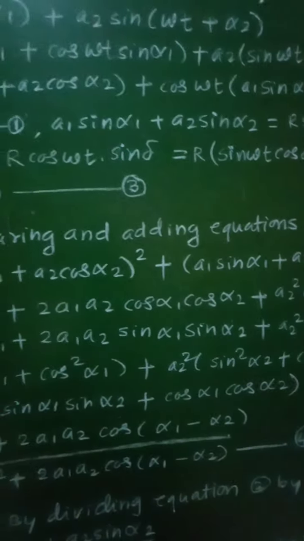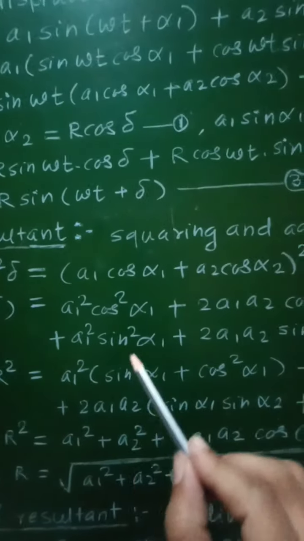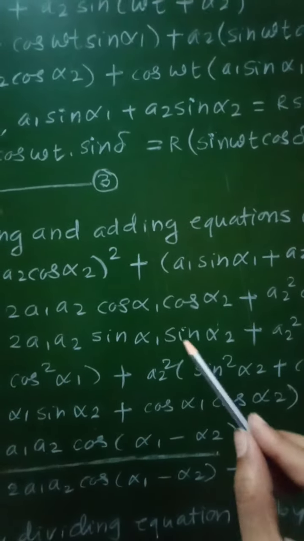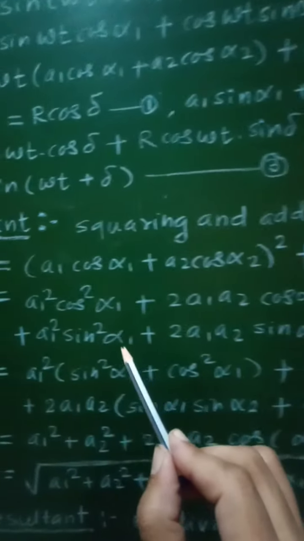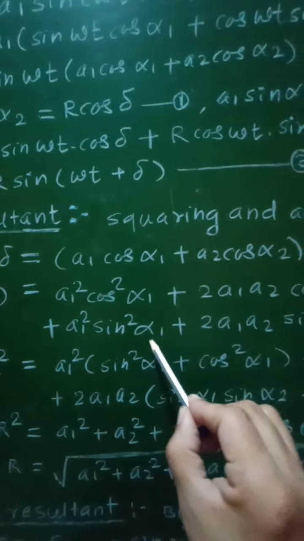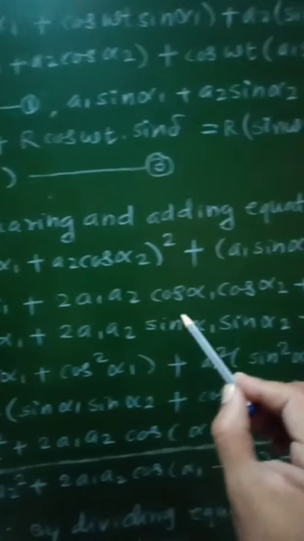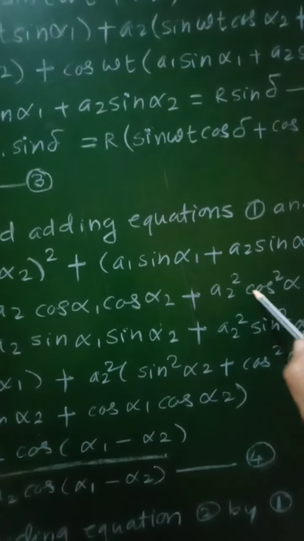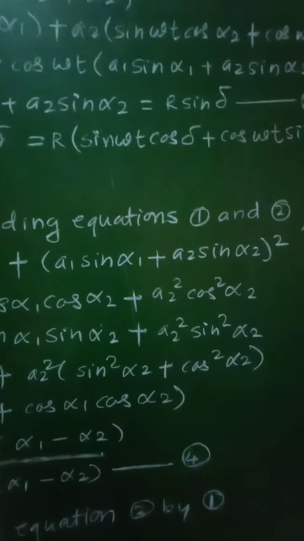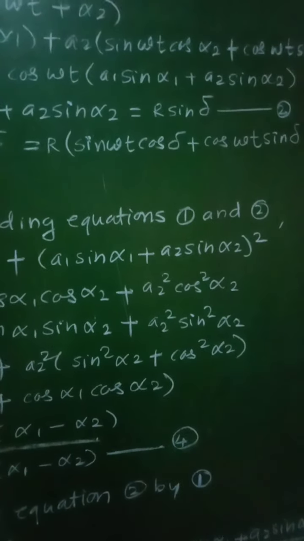Again, A1 square cos square alpha 1 and then again A1 square sin square alpha 1. These two terms will be taken together, and the last terms, that is A2 square cos square alpha 2 and A2 square sin square alpha 2, will be taken together.